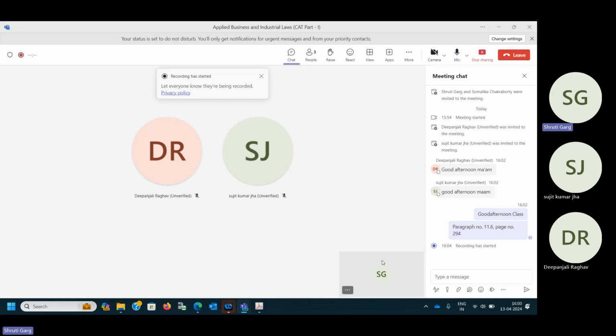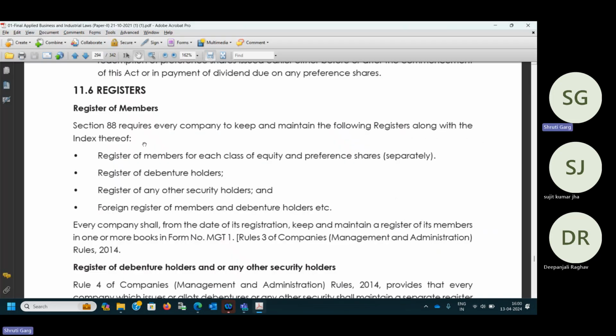Screen is visible, right? So, registers. What are the registers? Basically, the registers are the statutory records for the company. Entries are made by the company secretary into that register in regard to members, directors, shareholders, and what shares they have, right?